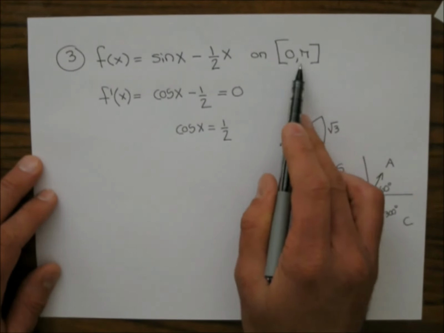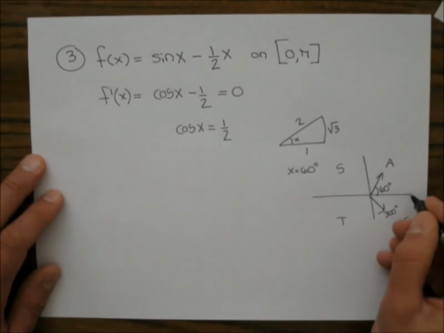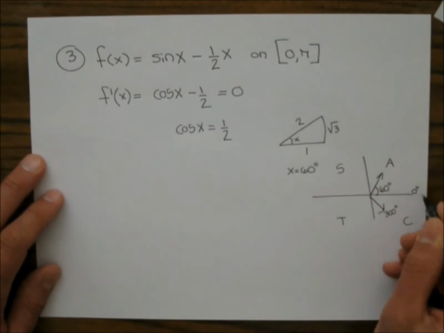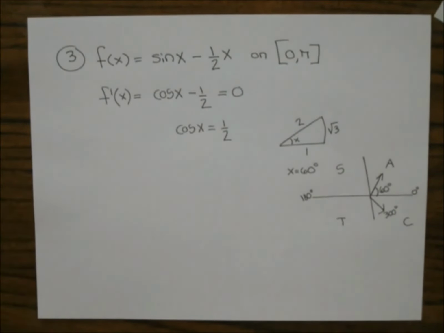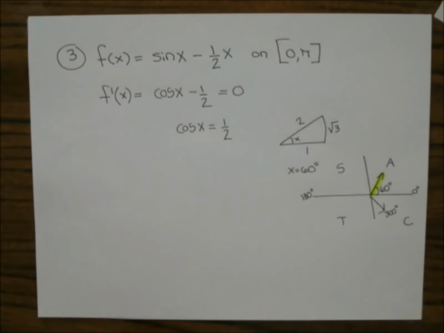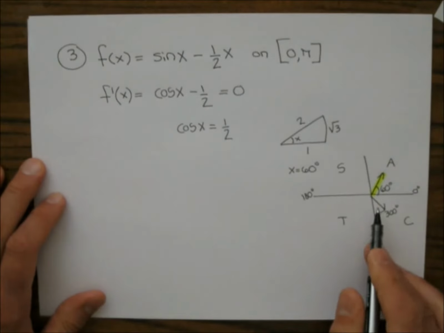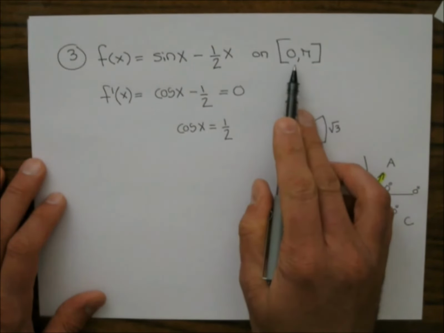But I'm only doing this in the interval from 0 to pi, so from 0 to pi, that's 0 to 180. The only one that I'm going to consider is 60 degrees. 300's out, and 60 degrees plus 360 is out as well because it's not in that interval.